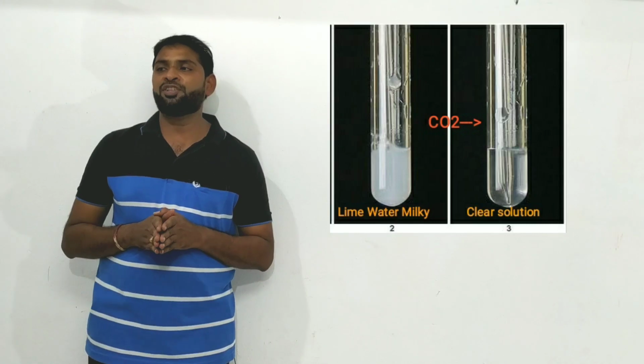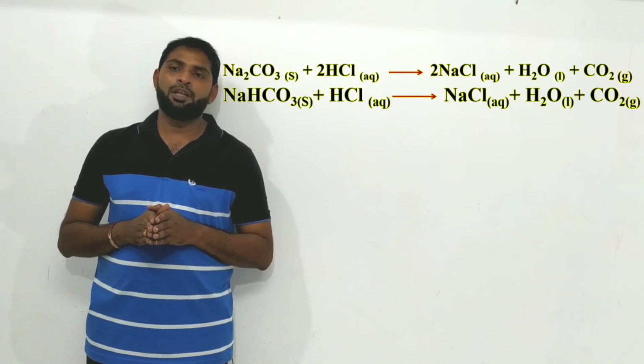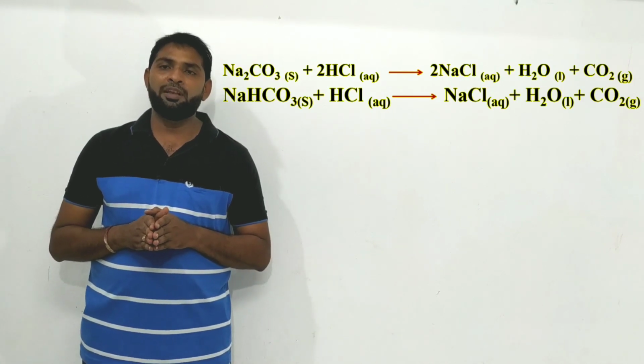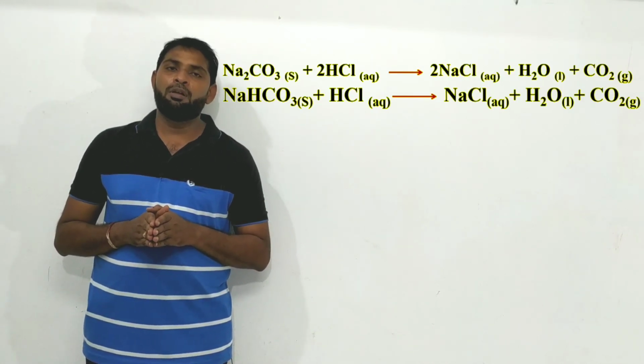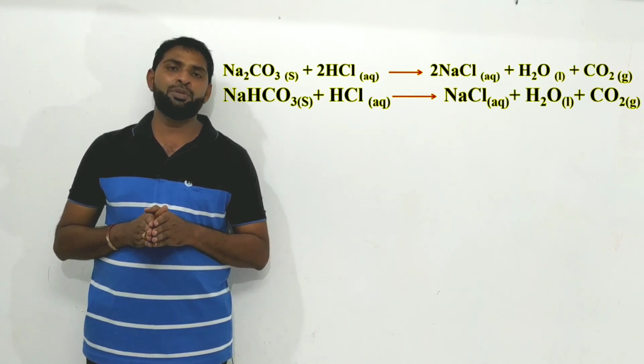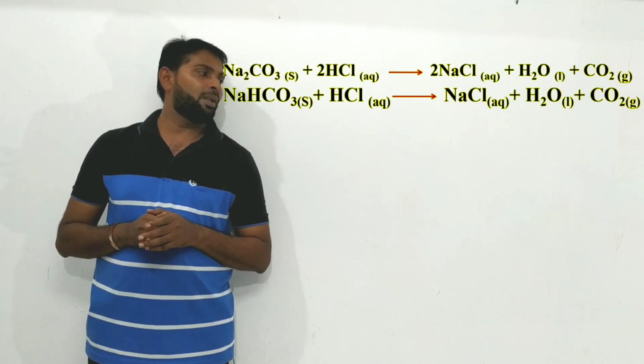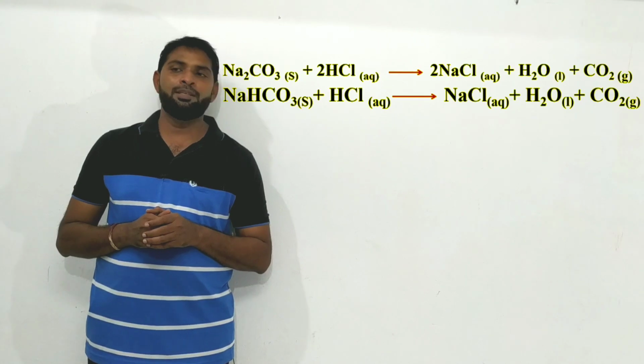Coming to the reactions, when sodium carbonate, that is Na2CO3, reacts with the acid HCl, it gives salt plus H2O plus CO2. That means Na2CO3 plus 2HCl gives NaCl plus H2O plus CO2.